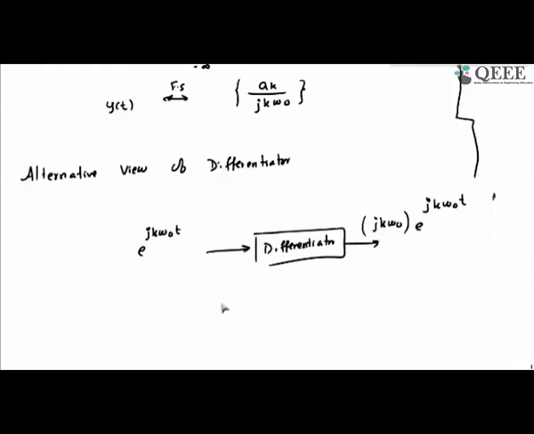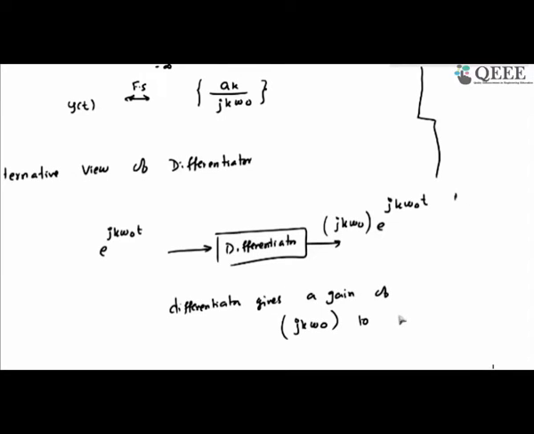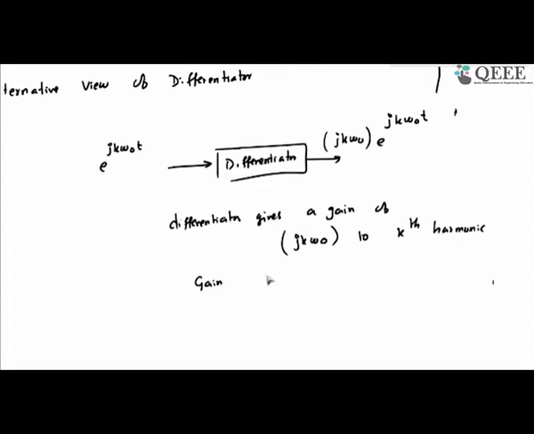So the differentiator gives a gain of j k omega naught to the complex exponential of the kth harmonic. So the gain is proportional to k. Higher harmonics get higher gains, smaller harmonics get smaller gains.